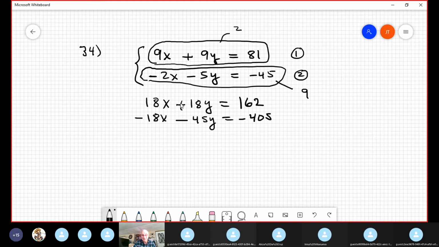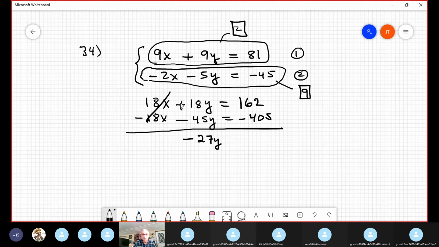Okay, this is my same system, but modified using the corresponding factors, which were 2 and 9, that allow me to create this situation where 18 is cancelled. Now 45 minus 18, 27, negative 27. Of course, you are subtracting opposite signs, negative and positive, so put the sign of the bigger number, get 45.